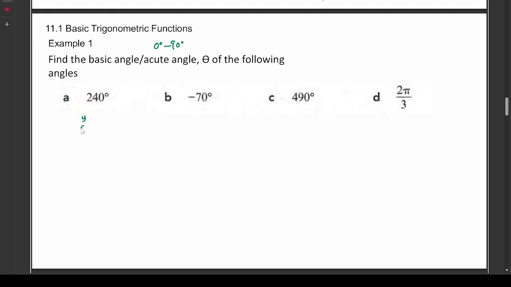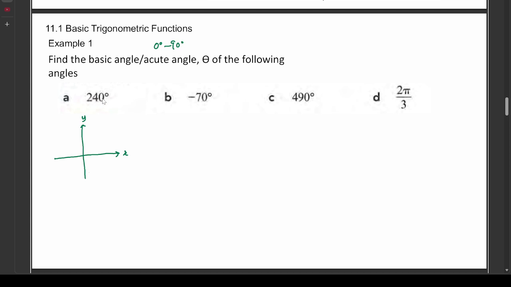Let's say we do a simple axis like this. 240 is a positive angle, so it's anti-clockwise. You must know the main points: here would be 90 degrees, here would be 180 degrees, and here would be 270 degrees.